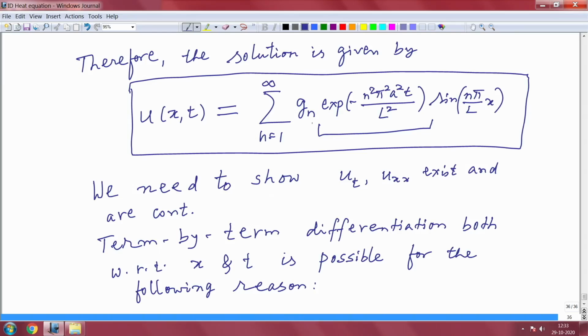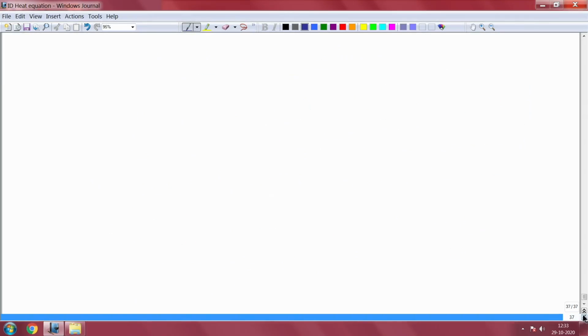So, somehow that n square factor has to be tackled, and in fact more generally we have n to the k exponential minus n square pi square a square t.